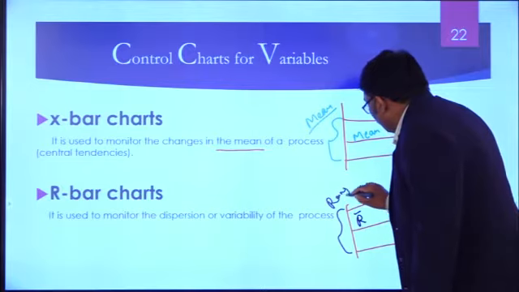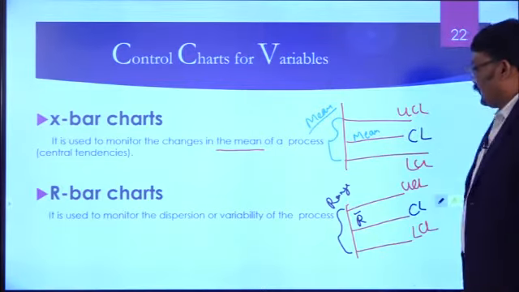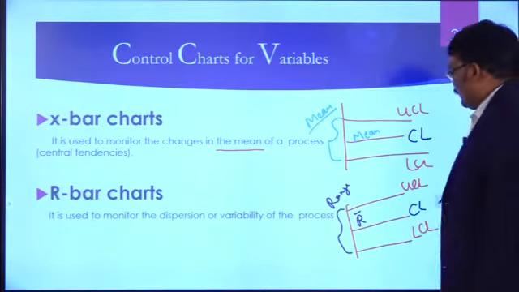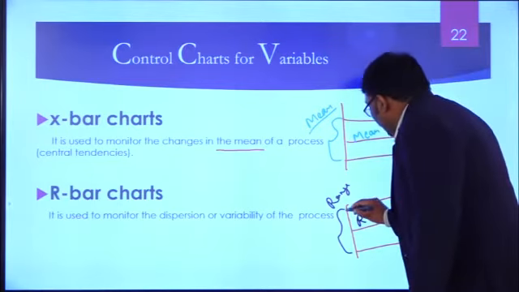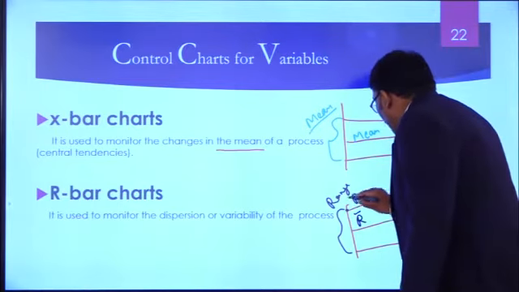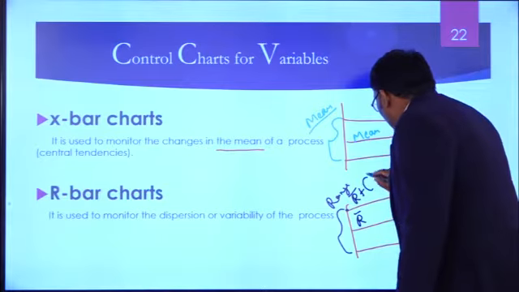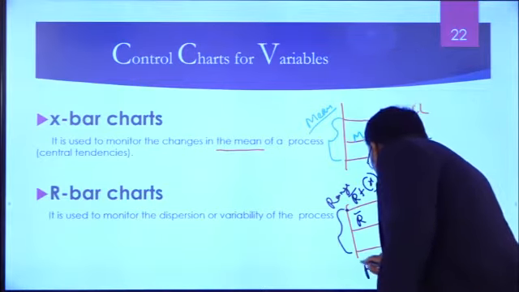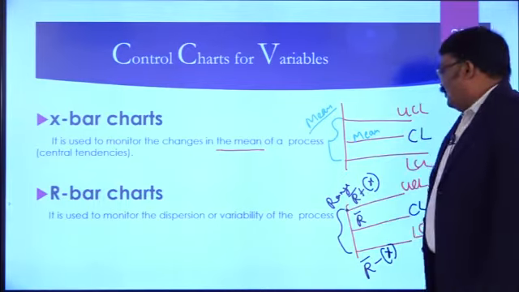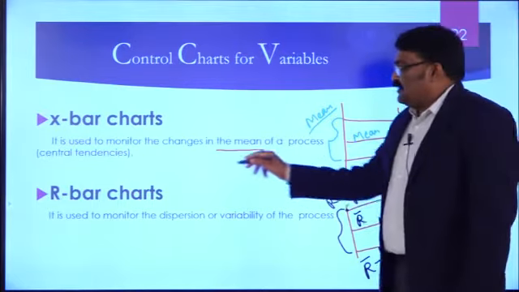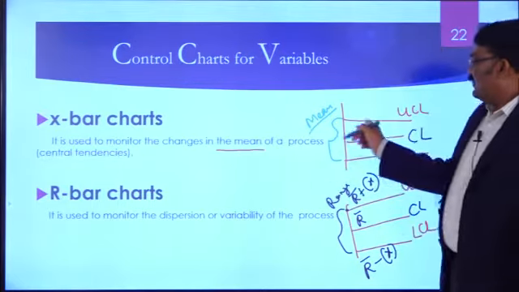We have drawn it through the usage of range. This point is R bar plus some value, that is x, assume it. This is R bar minus the same x value. This is the lower limit. So, we would have identified this by the R chart.